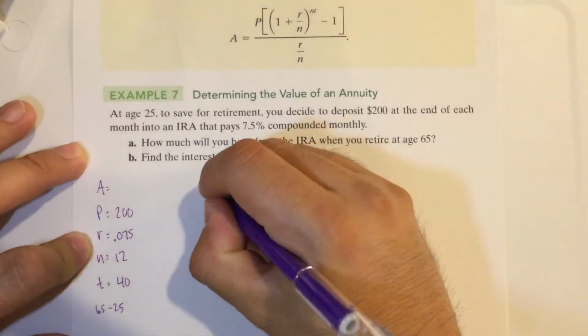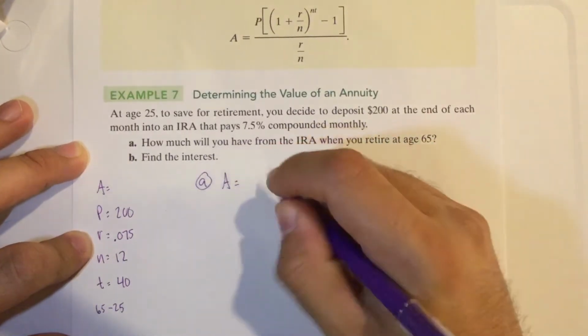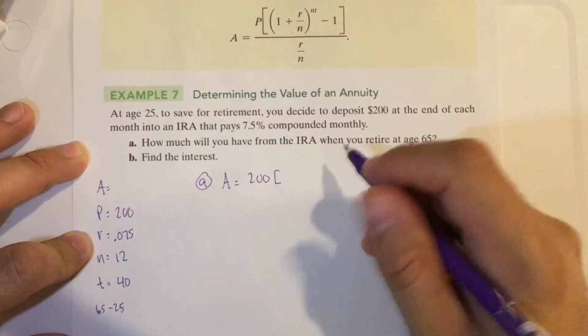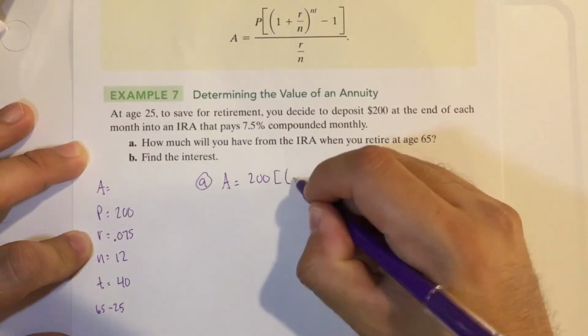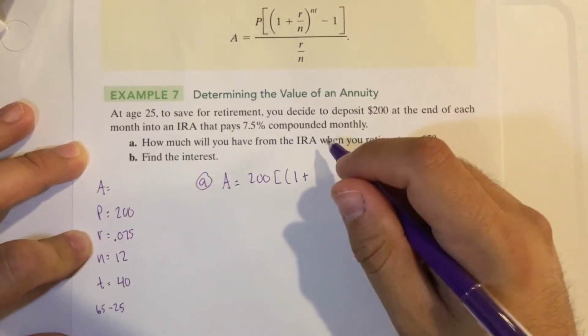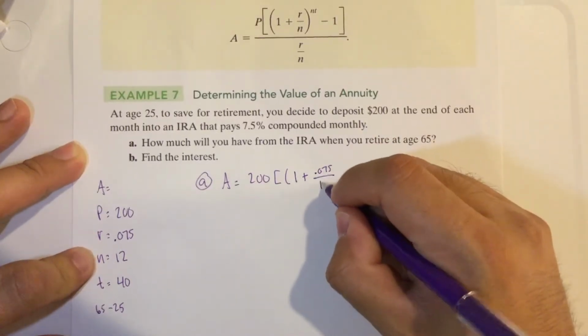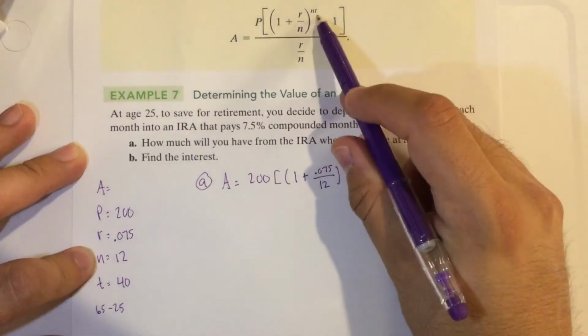So for part A, we'll work this out. We'll plug all these numbers in. So A equals 200, brackets, parentheses, you can use double parentheses. I'll use the brackets here, but when I type it into the calculator, I'll use parentheses. 1 plus r, 0.075, divided by n, which is 12, raised to the 12, which is n again, times t.